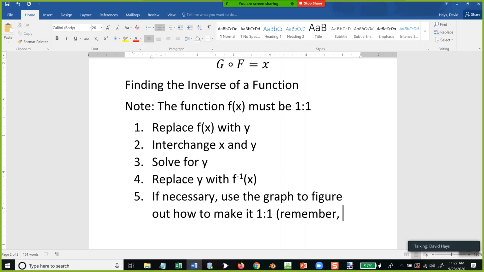Remember, no even powers, absolute value, or plus or minus symbol. That's what I mean by we got to figure out how to make it 1-to-1.